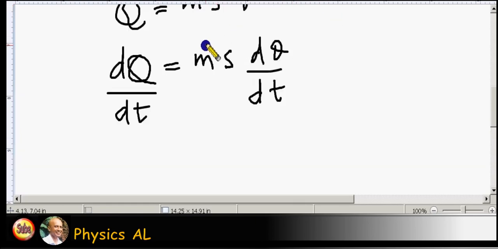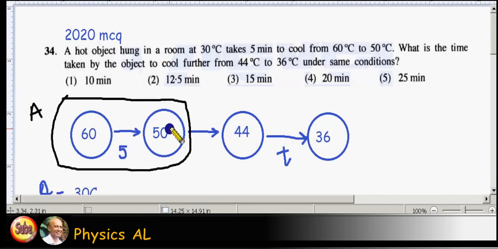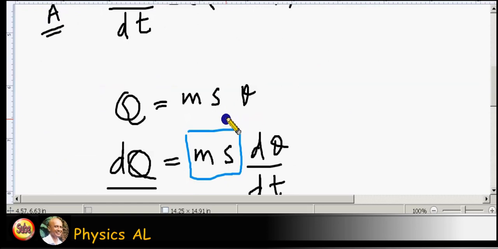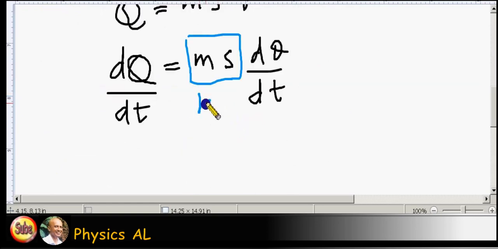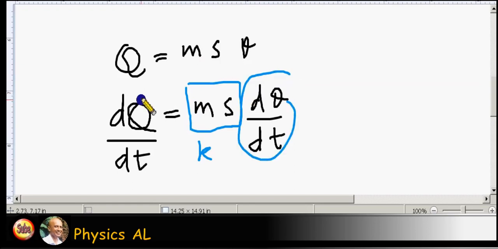Since this thing is constant, it doesn't change in this phenomenon, m is the same and specific heat is the same, so this one is constant.